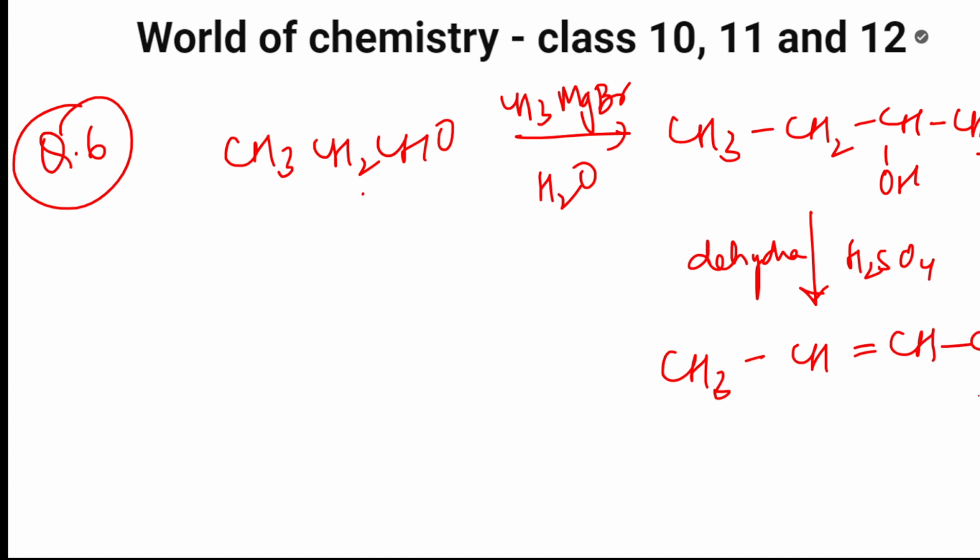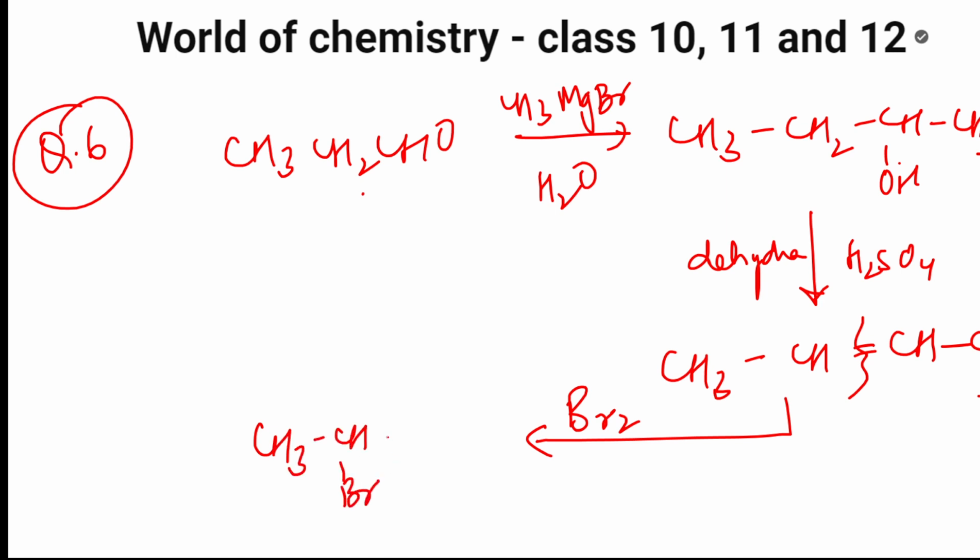Correct? I dehydrated from here and here. Now suppose to this, whenever you get an alkene, they ask you to break and add. Break the bond here, add bromine on either side. This is your bromine, and this is your bromine. What is this compound called? 2,3-dibromobutane. Easy? Easy. Next question.